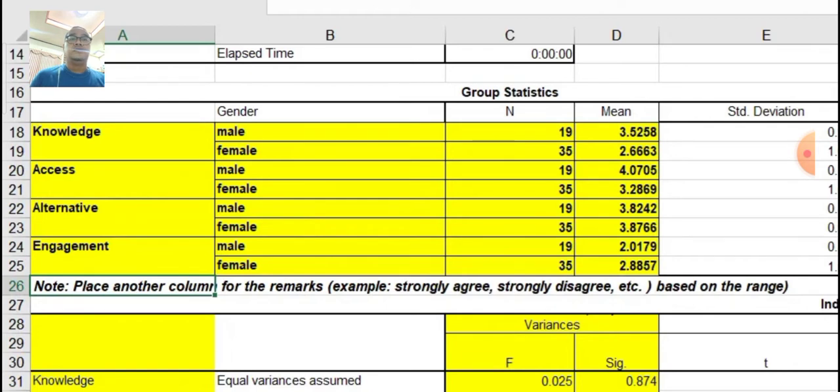Ang kailangan nyo lang dyan, yung name ng categories, knowledge, access, for example, and then gender, or the name of the group, and it could also be grade level. Halimbawa, yung grade level ng groups is G7, G8, G9, G10. It could be economic status, which means below 11,000 and above 11,000 monthly income. So I hope it's okay and it's clear now.